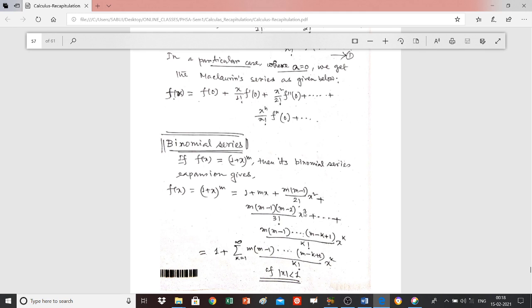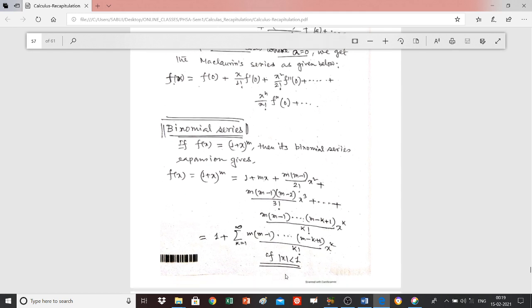So if this is taken as k, the kth term would be m into (m minus 1) in this way up to (m minus k plus 1) by k factorial x to the power k. So that can be written as 1 plus the sum over k is equal to 1 of m into (m minus 1) in this way (m minus k plus 1) into x to the power k by k factorial, where mod x is less than 1.